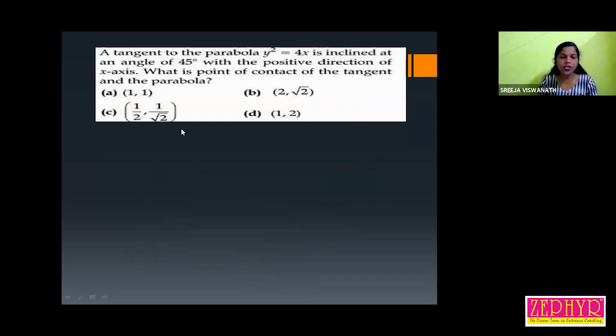A tangent to the parabola y squared equal to 4x is inclined at an angle 45 degrees with the positive direction of the x-axis. What is the point of contact of the tangent to the parabola?